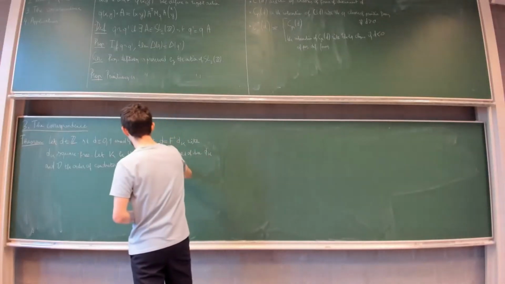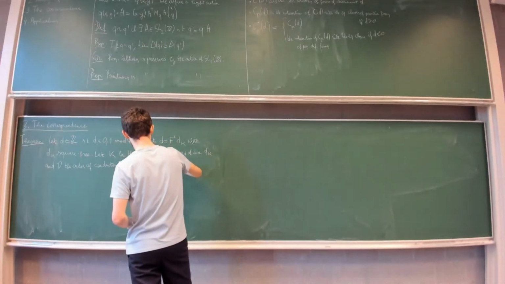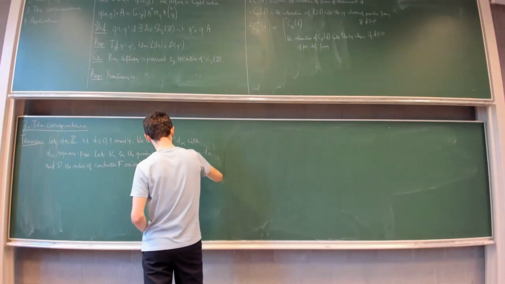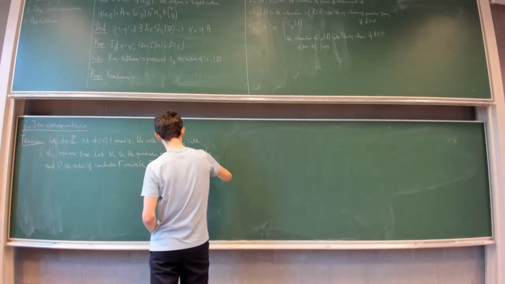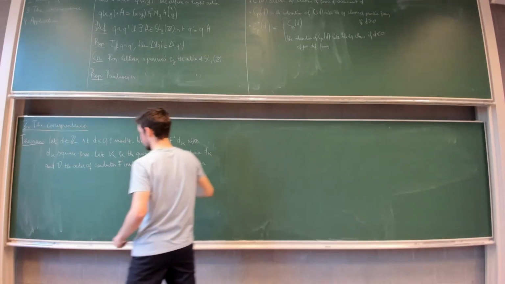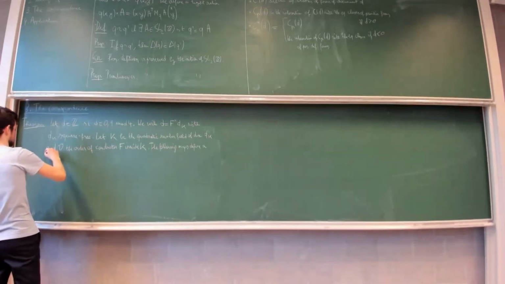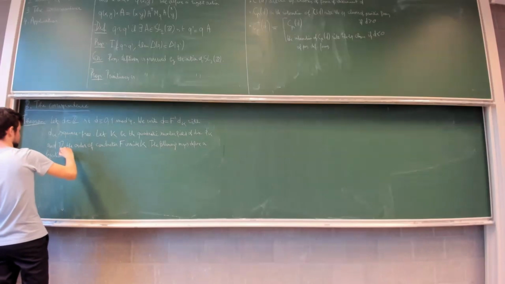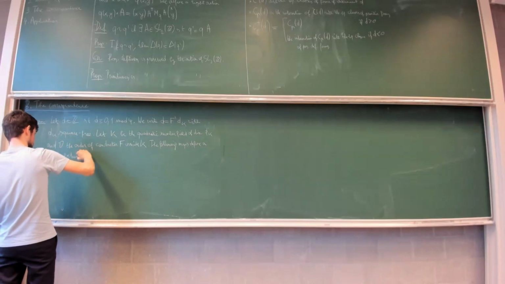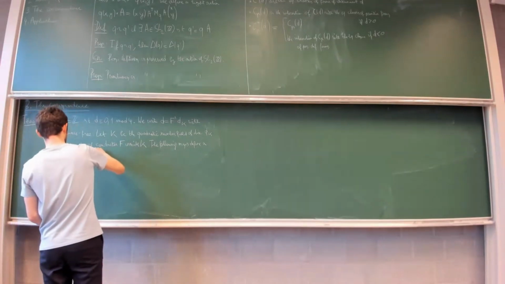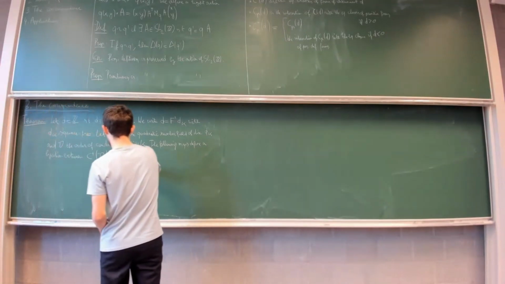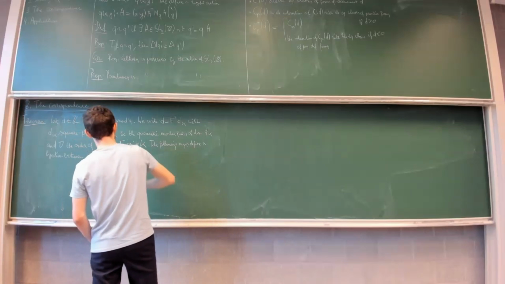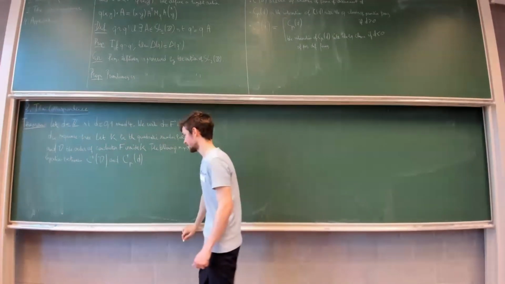I now say the following maps define a bijection between the narrow class group of this order and the equivalence classes of primitive positive definite forms of discriminant D.